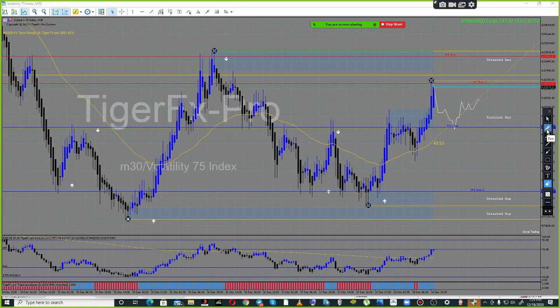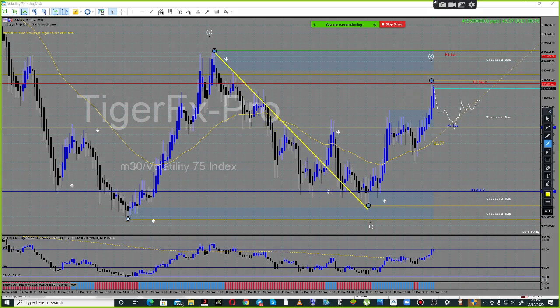Another way to use this method is the 1, 2, 3 method, or we can call it A, B, C. This method is impulse leg and correction. Take a look at this. If I'm going to look for a sell, this is my A, this is my B, this is my C.